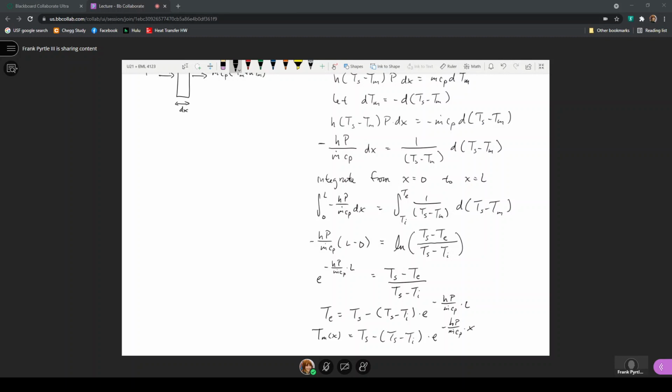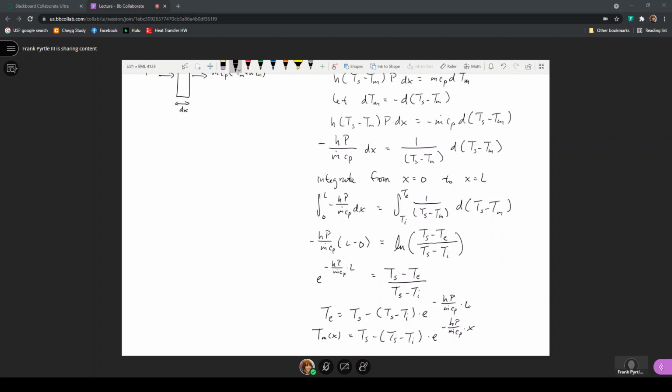And so we can see here when x is equal to 0, this exponential term becomes a 1, and I get Ts minus Ts minus Ti. So the surface temperatures cancel, and I'm left with a positive value for Ti, which just says when x is equal to 0, the temperature at the inlet will be exactly equal to Ti.